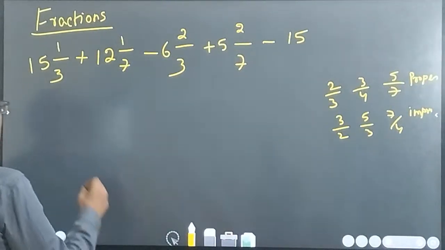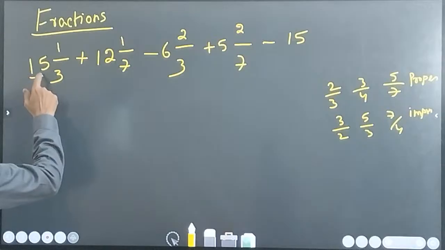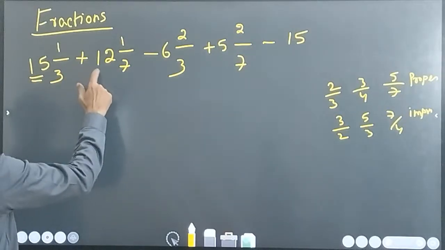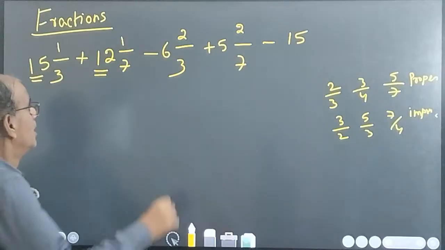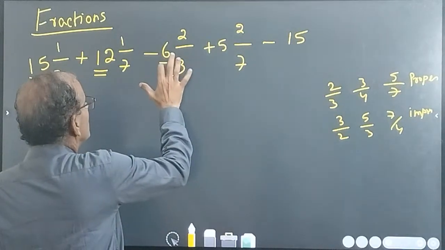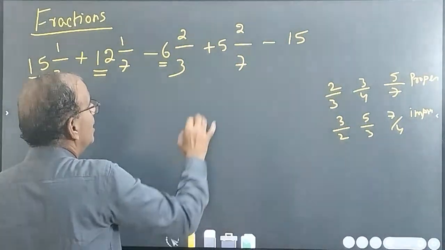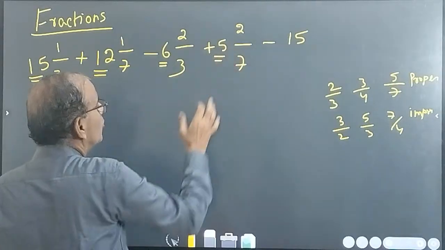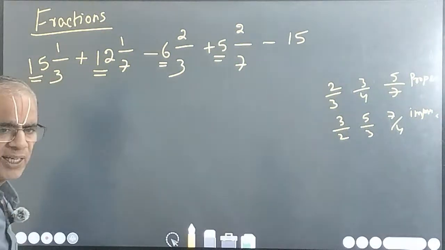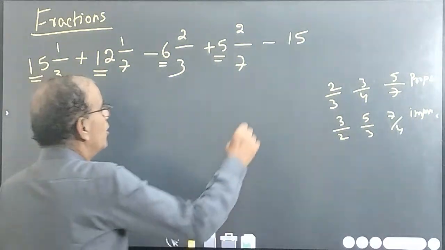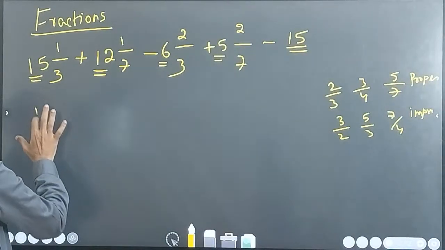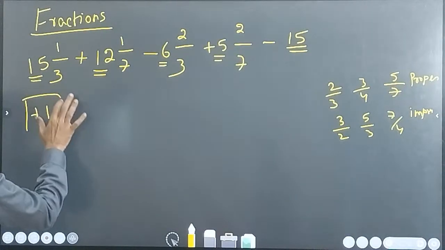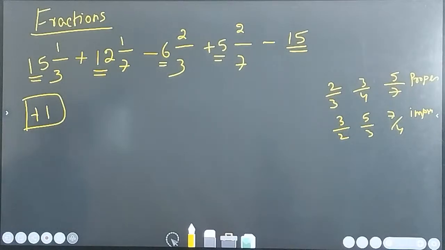Now what you do? You take this 15. 15 plus 12, how much? 27. 27 minus 6, 21. 21 plus 5, 26. 26 minus 15, how much does it come? It comes 11. You keep it separately.